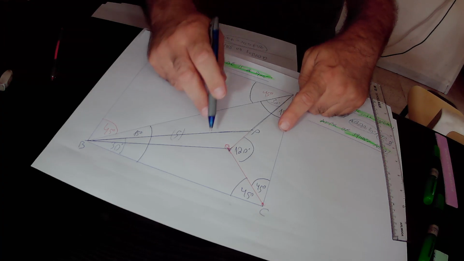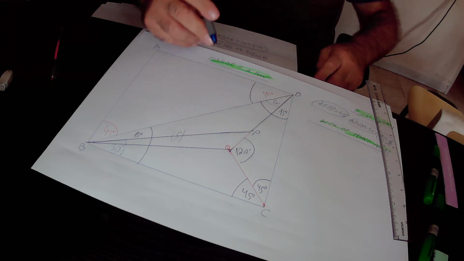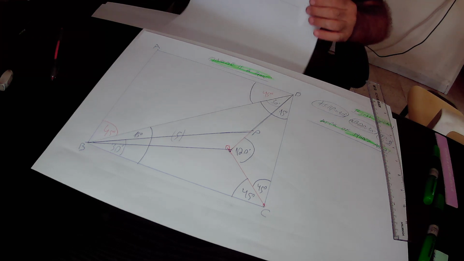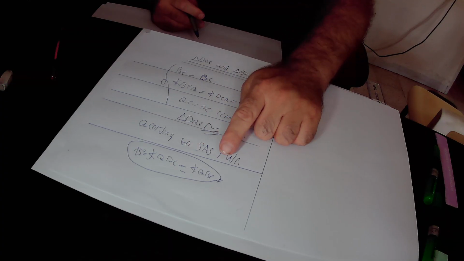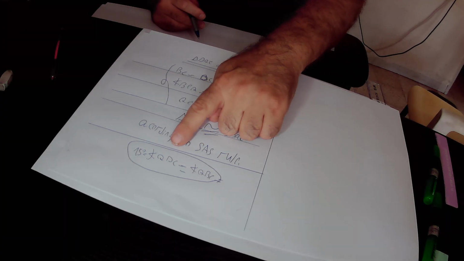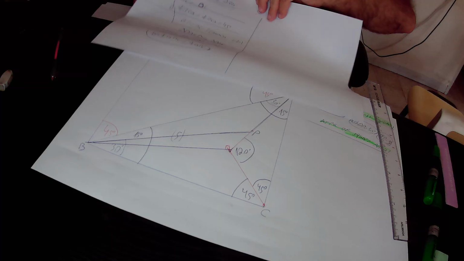So from the fact that those two triangles can go into each other, we derive that angle QDC equals angle QBC. But angle QDC equals 15 degrees in its size.